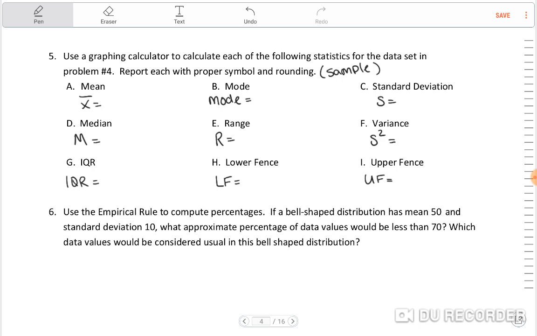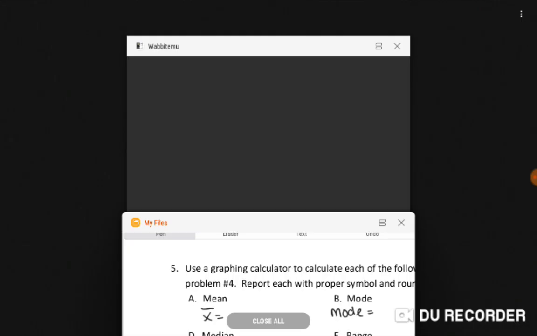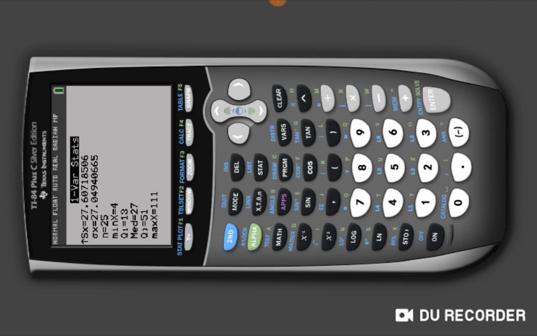So let's go on our calculator. Now remember, I did already type this in here, and we already went to one of our steps, so we have pretty much everything we need. You'll see at the very top where you see X bar, the calculator is always going to tell you X bar whether or not you put in population data or sample data. The calculator assumes you only know sample data, because more often than not, the data you're putting in there is a sample.